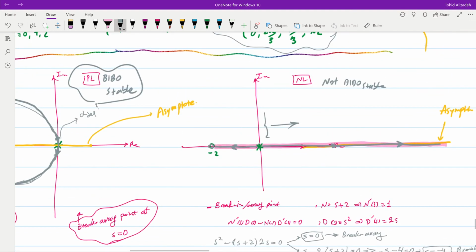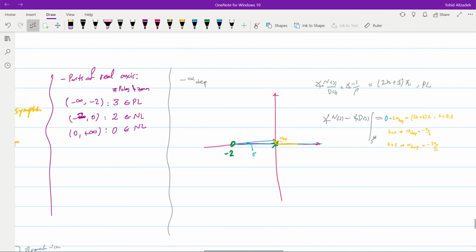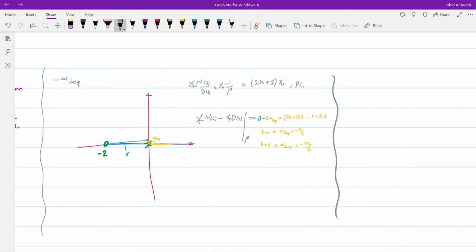So the range of values for rho for which the system is stable is rho bigger than 0. And since rho is equal to Kp over 3, this means that for Kp bigger than 0, we will have our system BIBO stable.